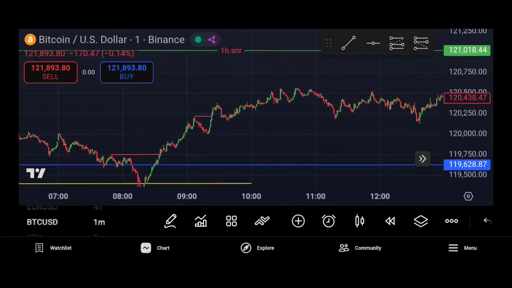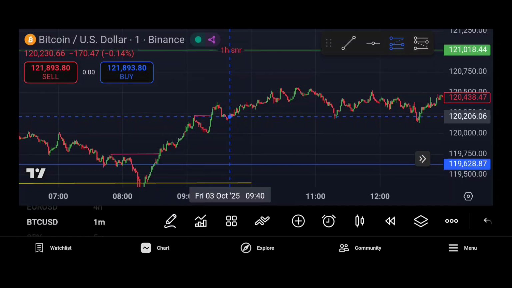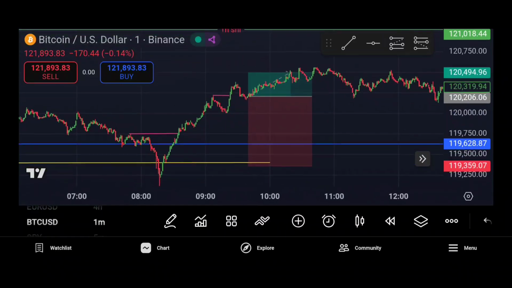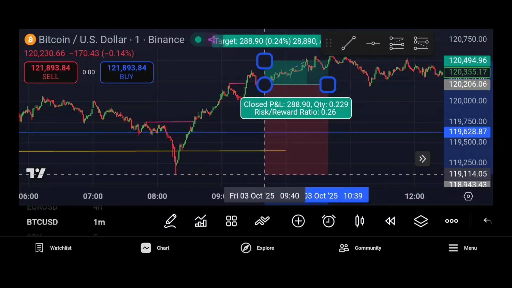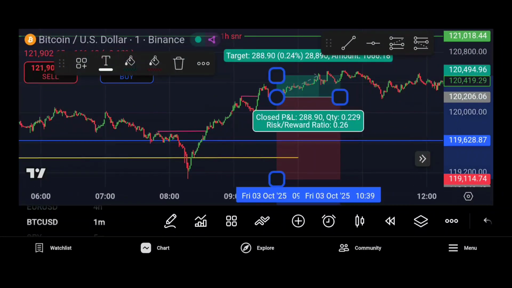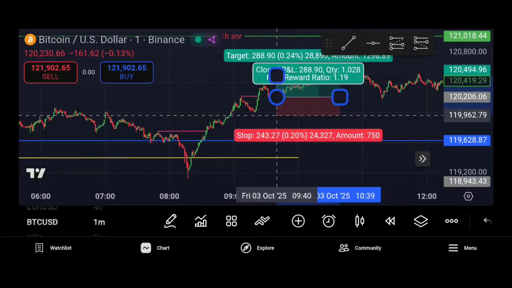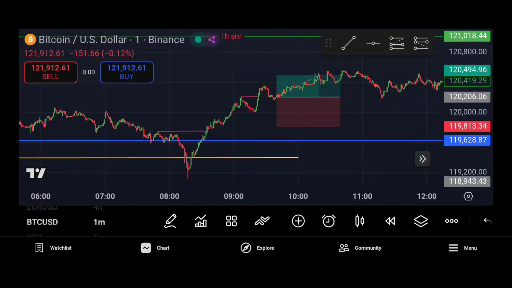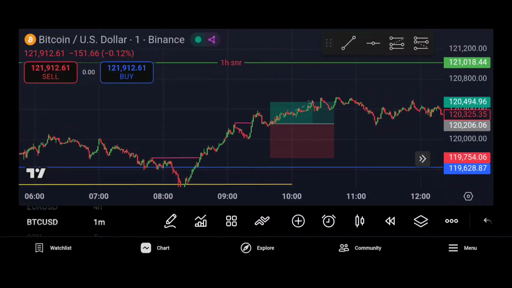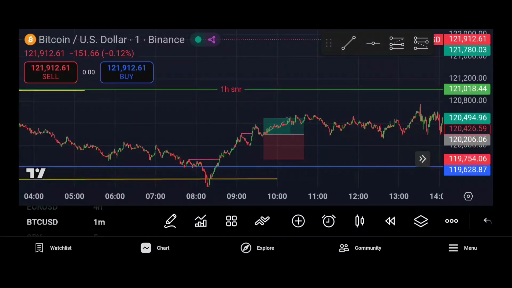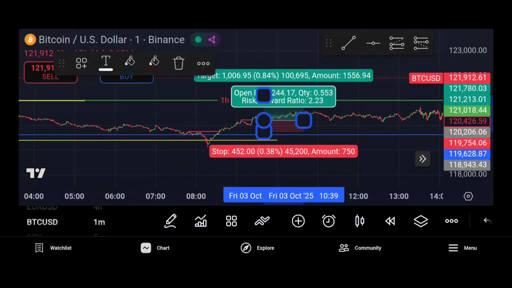So when we get a change in the direction on our lower time frame, I'll be actually entering the trade from there after I confirm that the present candle on the 5-minute has closed above the change of character, above the level I marked, which led to the change in the direction of the market.